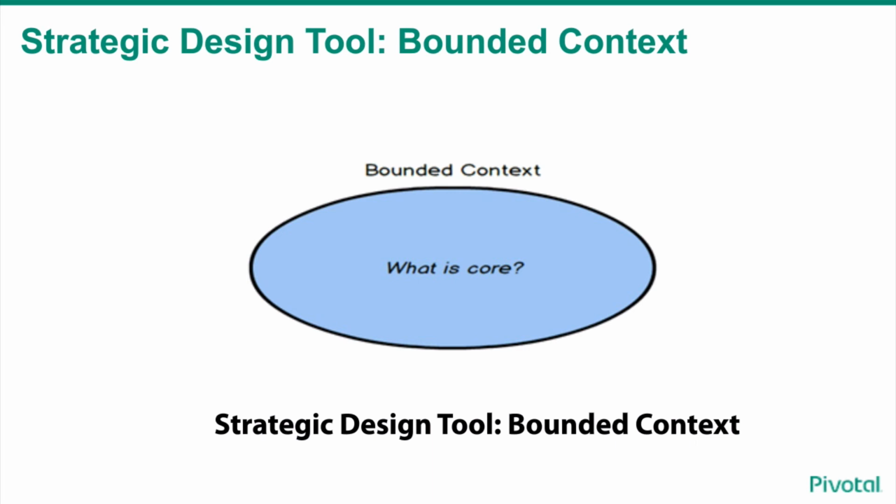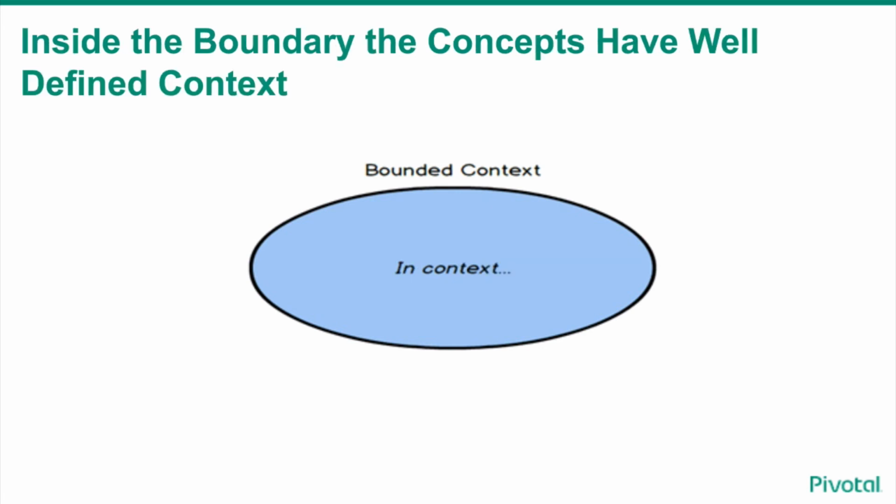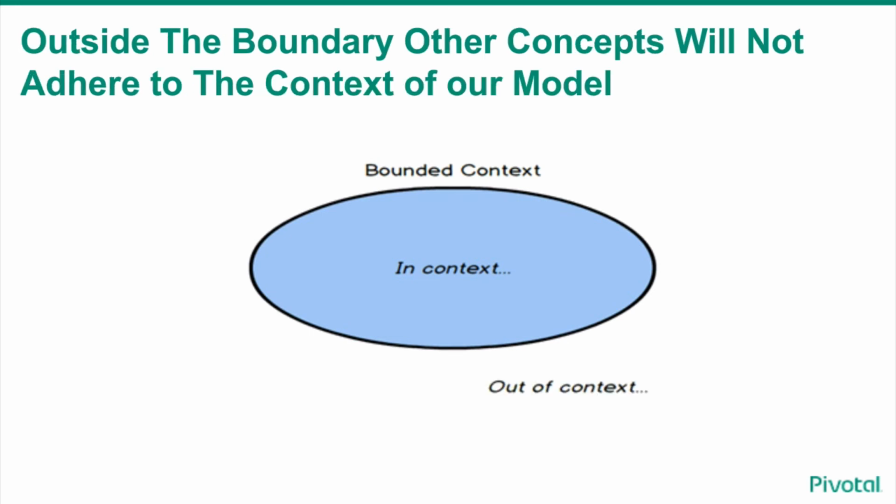So we're going to use the strategic design tool called bounded context to help us examine what is in context and, for that matter, to understand also what is out of context. Outside the boundary, other concepts will not adhere to the contextual model that's inside our core bounded context.